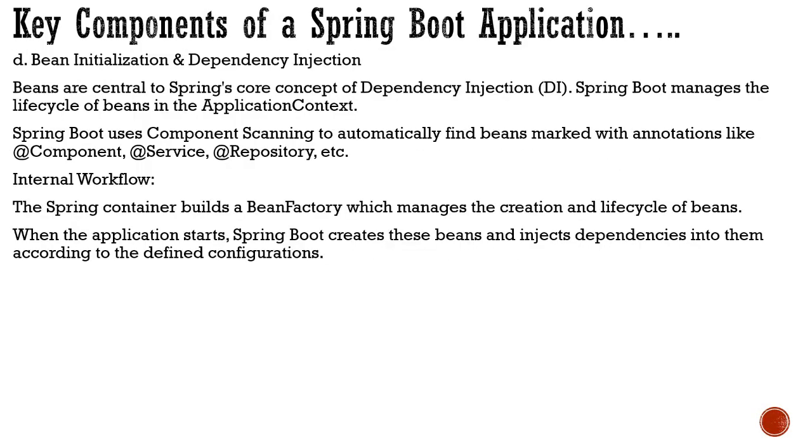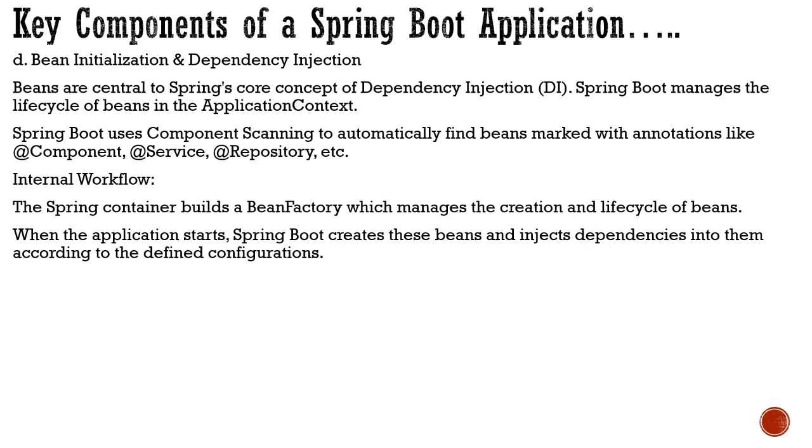Now, if you look at the fourth component, that is bean initialization and dependency injection. If you know, the Spring Framework is popularly known for its dependency injection and IoC container, right? So, centrally, all the beans, which are there for the core thing, like the dependency injection, it's a central part of it.